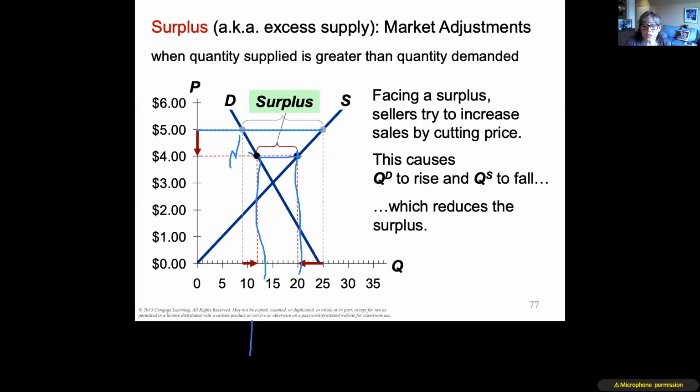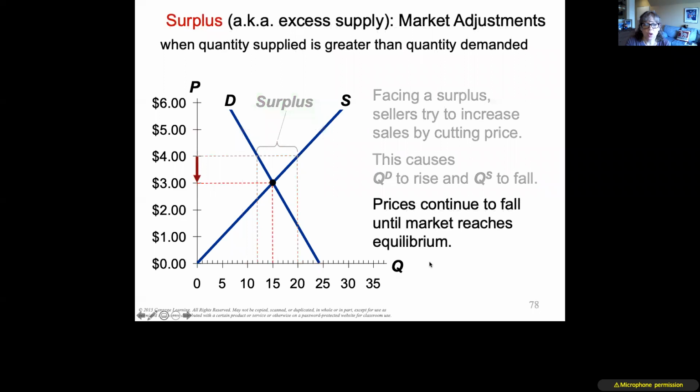Now if we take it one step further, you can start to see that they have to keep reducing their price. So they were at $5. Remember, that's where we started. Then we went to $4 and we still had a surplus.